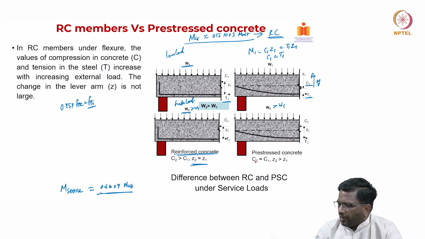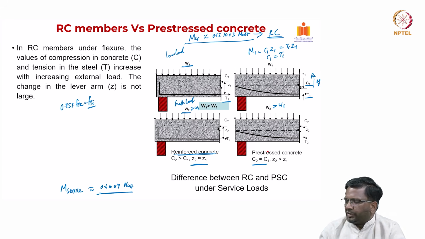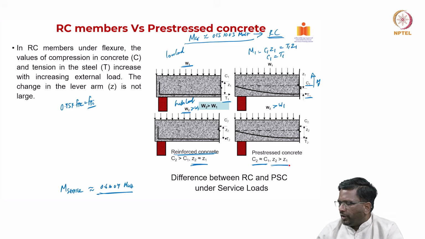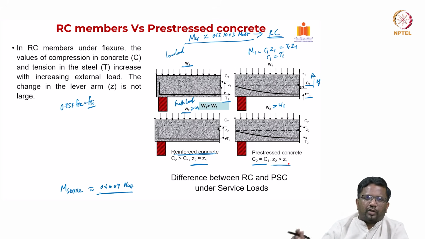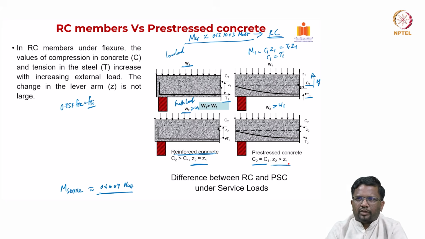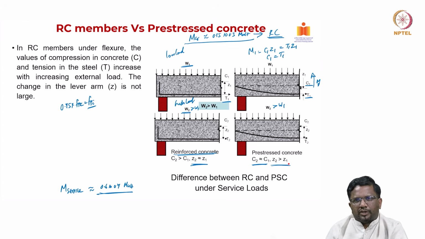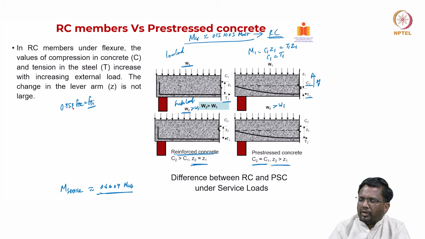So you will find that the internal forces in two stages, C2 and C1 or T2 and T1, will be nearly the same, but I get moment resistance by change in your lever arm. In reinforced concrete, the lever arm doesn't change much, but in pre-stress concrete, internal forces don't change, but the lever arm changes quite a bit.